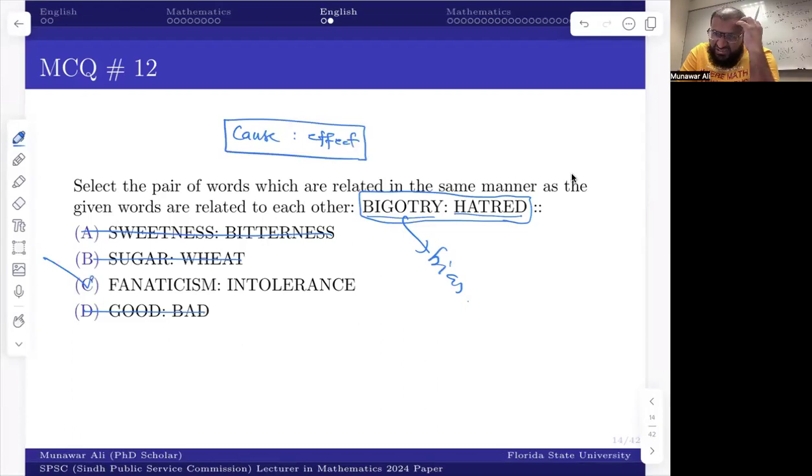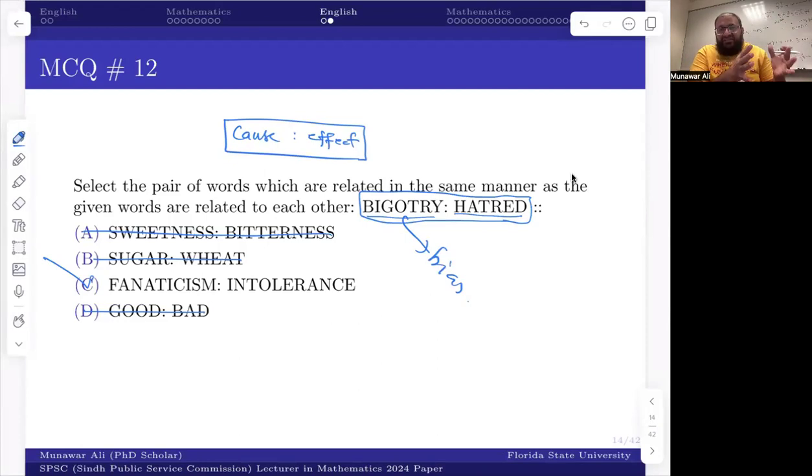Let's check it: what is fanaticism and what is intolerance? Intolerance is clear: when you are intolerant, you are unable to be patient. Fanaticism is some sort of extreme belief in any idea.